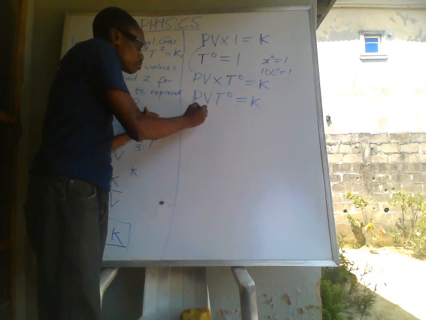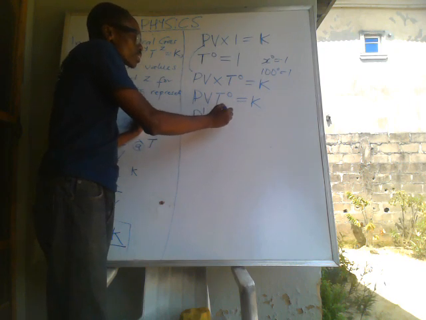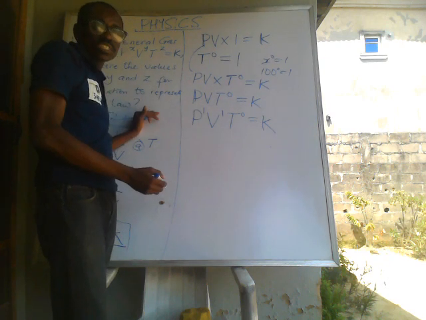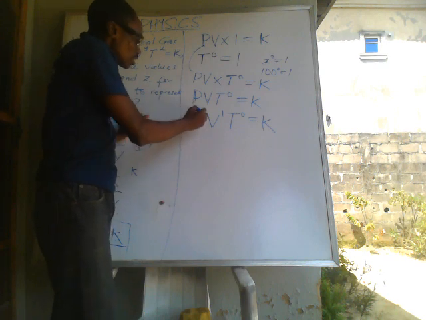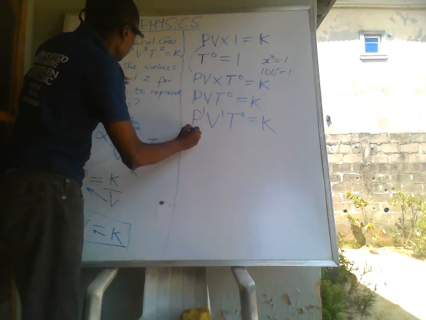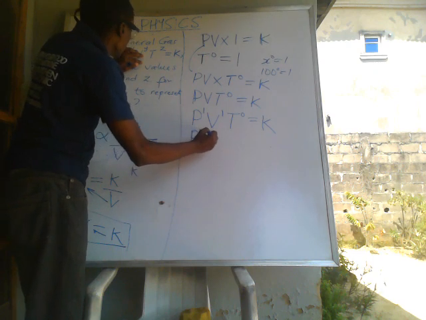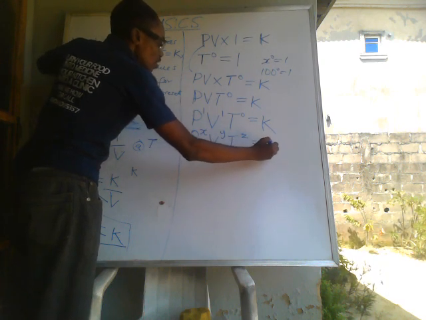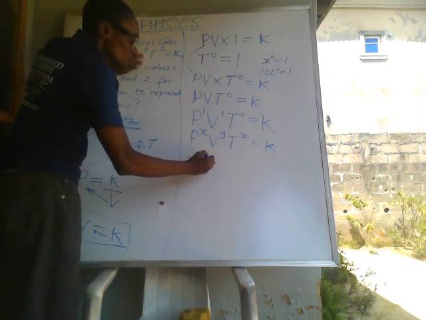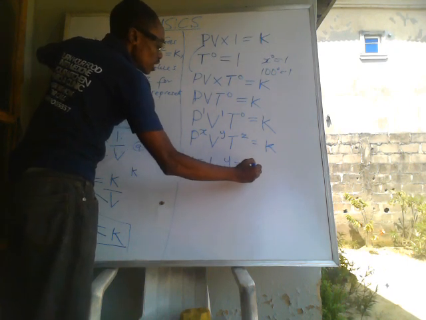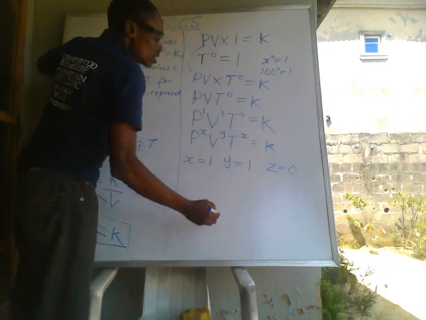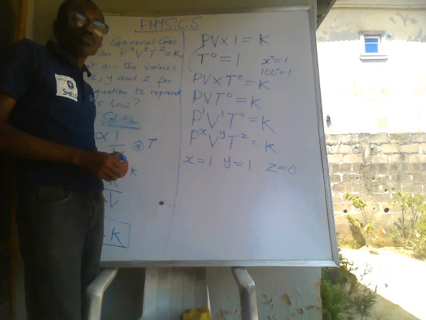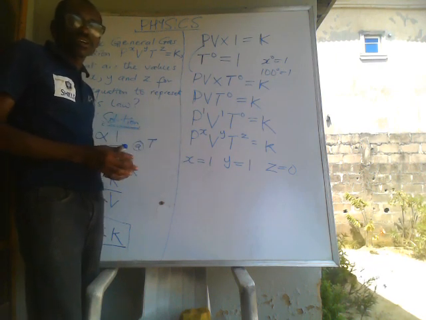So we write P raised to power 1, V raised to power 1, T raised to power 0 equals constant K. Comparing this with the equation P raised to power x, V raised to power y, T raised to power z equals K, we find that x is equal to 1, y is equal to 1, and z is equal to 0. So we've successfully solved the problem.